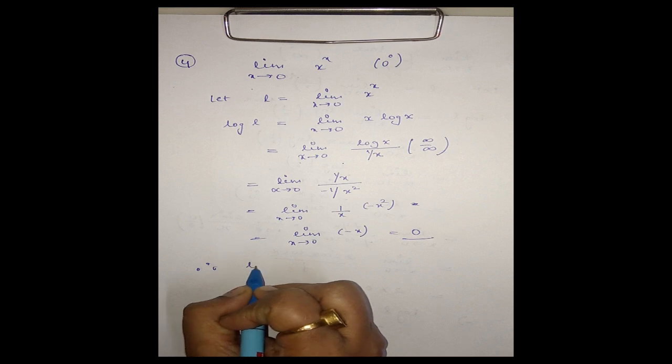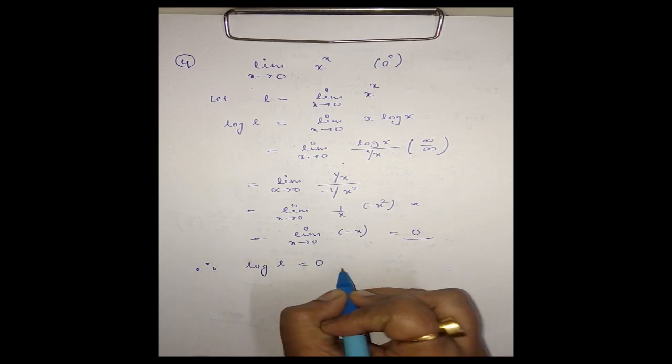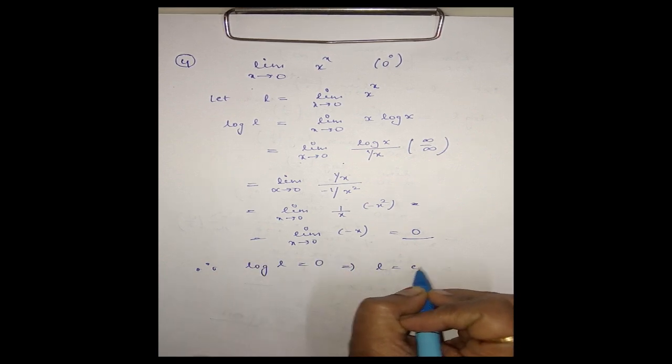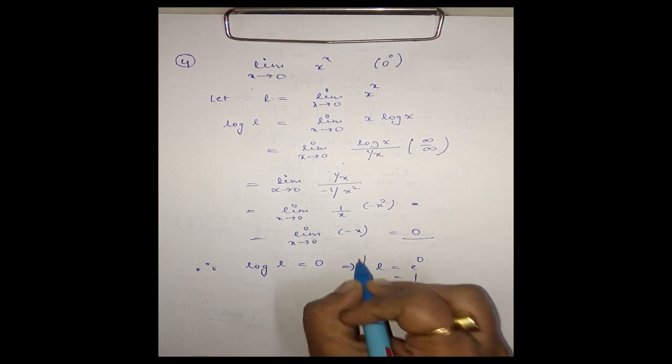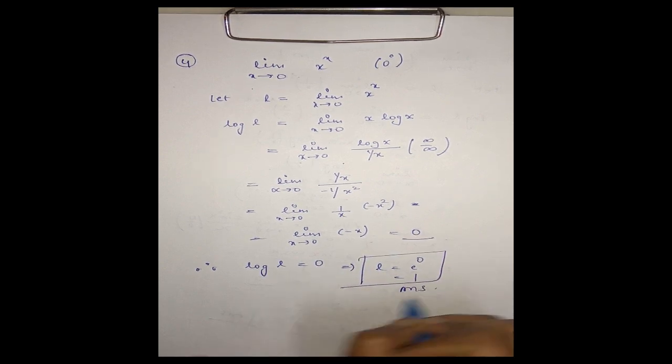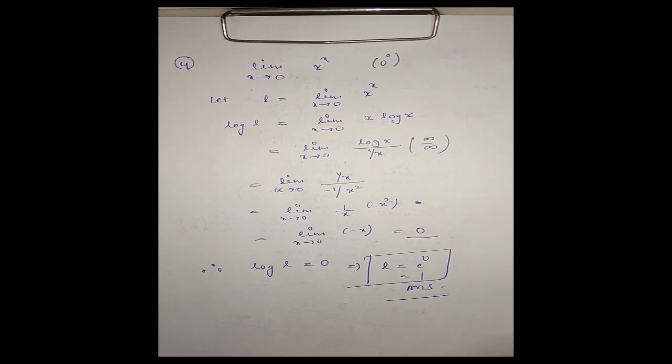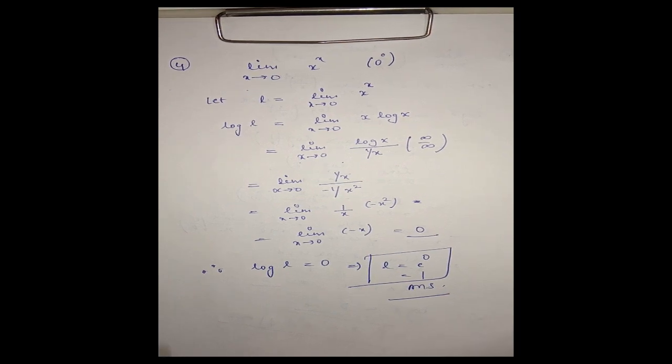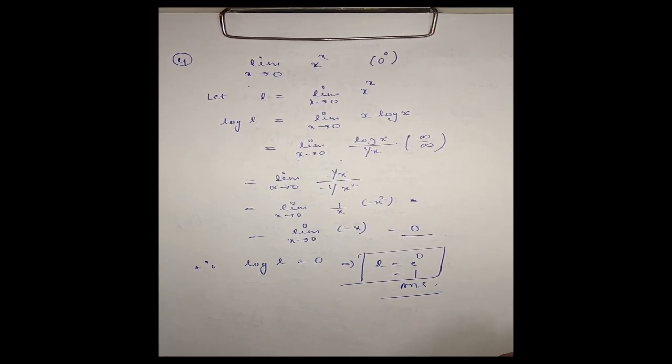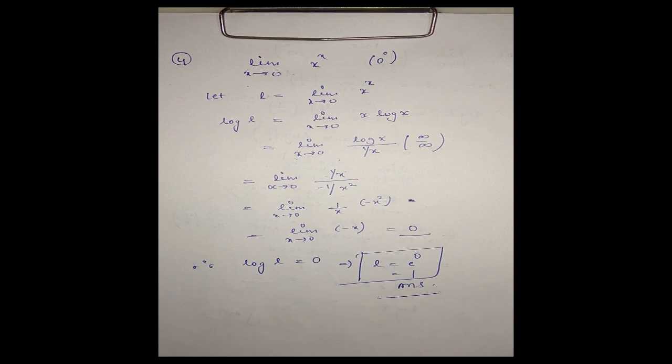Therefore, log L is equal to 0 implies L is equal to e power 0, that is 1. Clear? This is how we have to solve the problems of the indeterminate forms infinity minus infinity, or 0 power 0, or 1 power infinity.